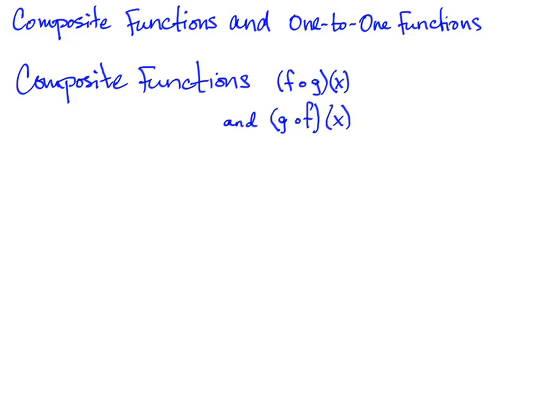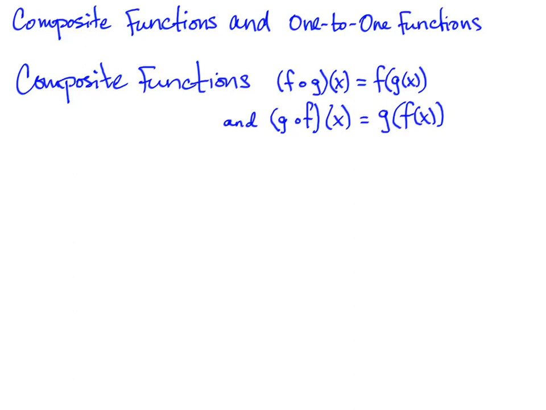So in the first one, f composed with g, the definition of that new function is f of g of x. So we're plugging g of x, the output of g, into f as the input of f. In the second one, g composed with f of x is going to be g of f of x. So we plug x into f first, then take the output and plug that into g.